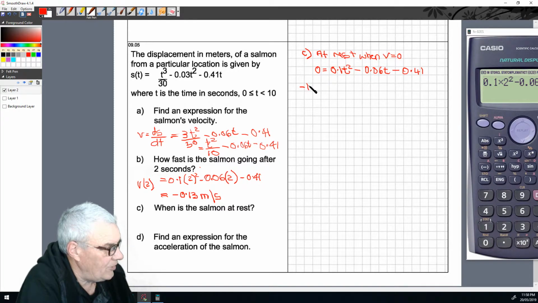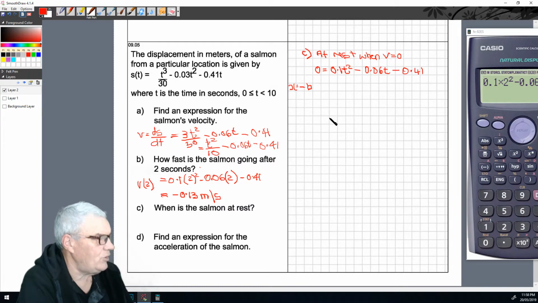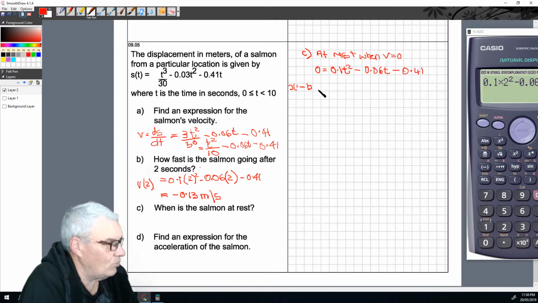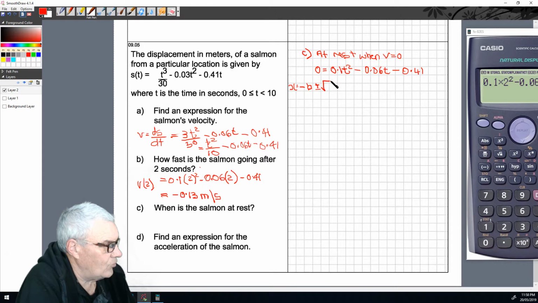equation. x equals, and we would expect there to be two solutions, minus b plus or minus the square root of b squared minus 4ac, all over 2a.